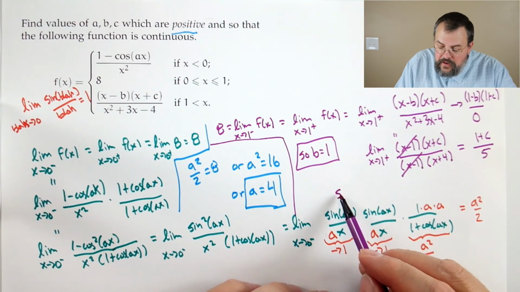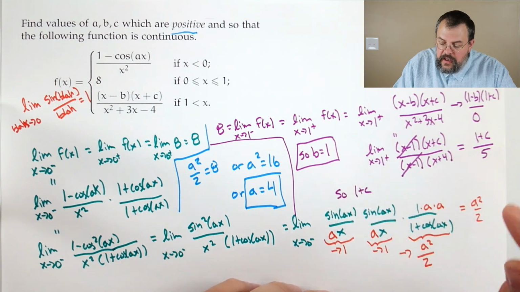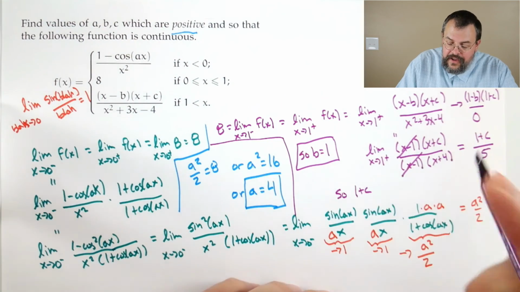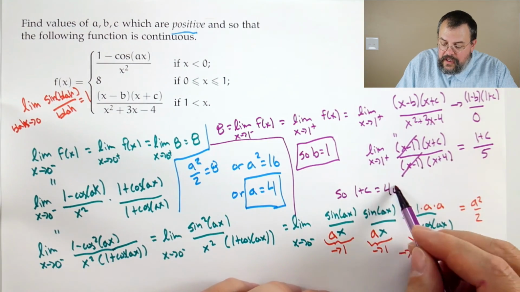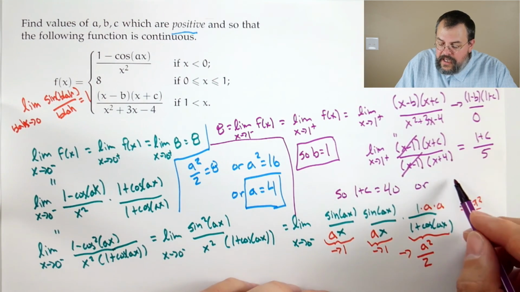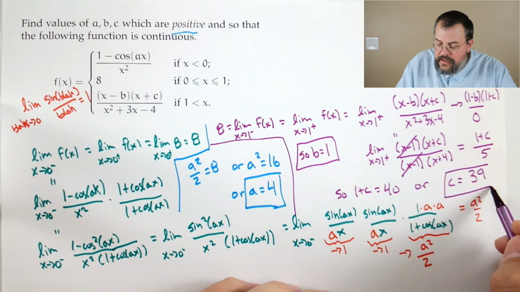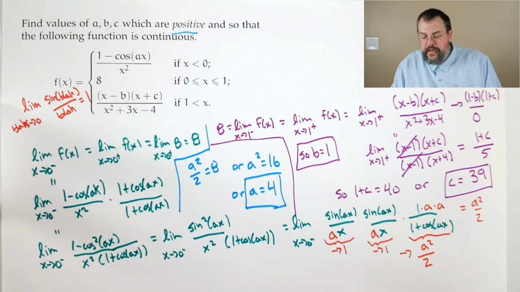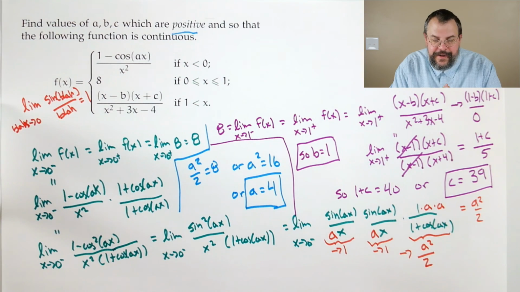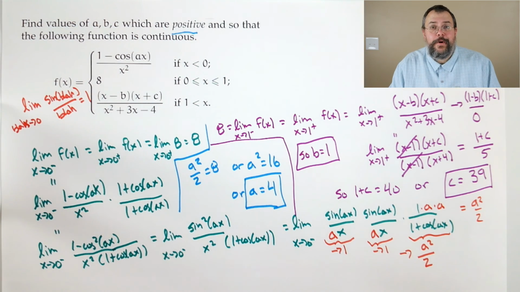Okay, so 1 plus c, multiplying the 5 across, has to equal 40, or c has to equal 39. Huh, well, that's a kind of a big number. I wouldn't have guessed that. At least it's not obvious that that's the right guess. But that's okay. That's why we do the work. Some good fun problems, and I guess we're going to keep them going. All right, keep working.